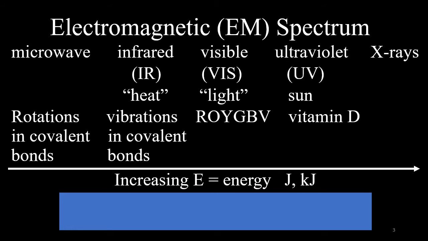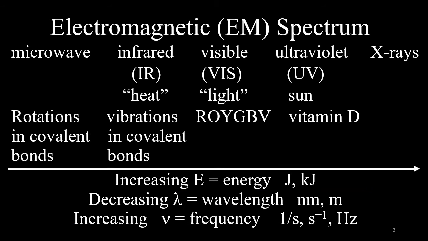And now I remember. Microwaves cause rotations because microwave ovens have that rotating tray inside. So there you go. All right, so you need to know increasing in energy in order, including the Roy G. Biv.